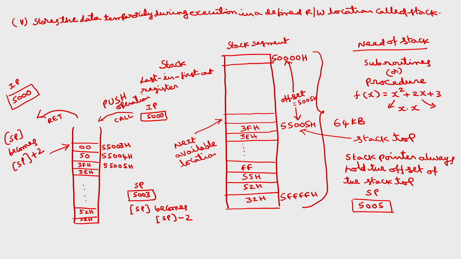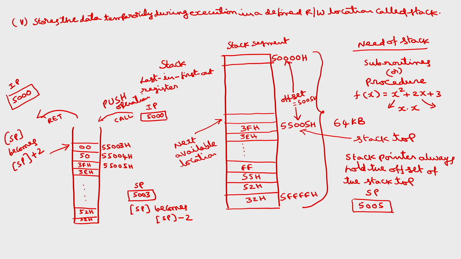The need of the stack is whenever a particular operation is repeatedly coming. Instead of writing that program many times in the main program, we can write a simple program in a subroutine and call it as many times as required. In that process we need to store the contents of the instruction pointer and the registers temporarily in some memory location, which is called the stack.